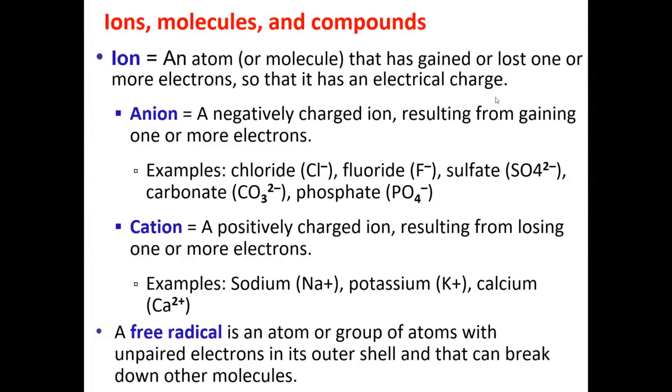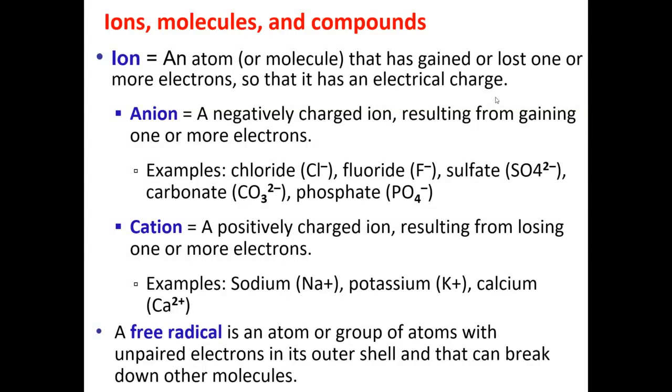So if an atom gains one more electron, now it has more negative electrons than positive protons. So the whole atom has a net negative charge. That would be a negative ion, and the term for that is anion. It's a negative ion.